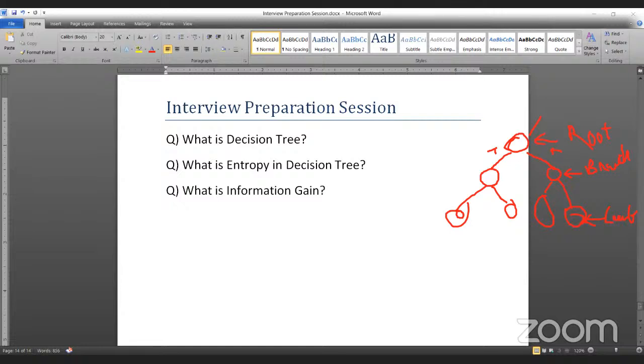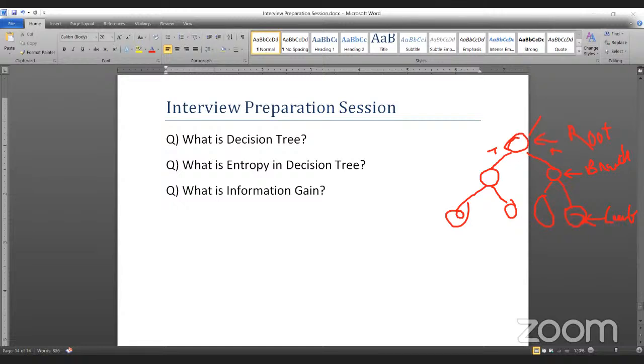Whichever has the highest information gain will be considered for this node. Again, the next node. Like that we select the nodes.